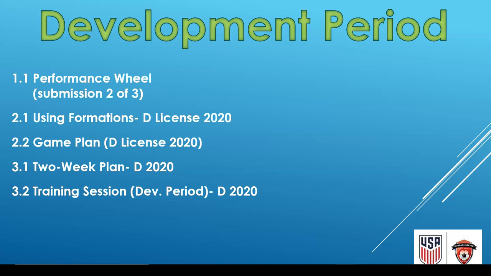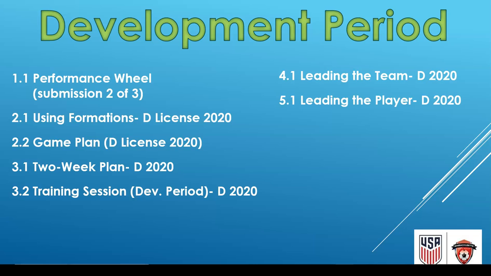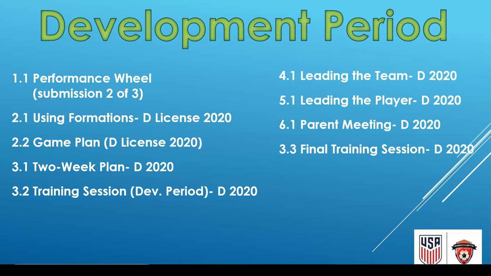Using the planning tool in the Learning Center to create a training session. Leading the team. Leading the player. Hosting a parent meeting. Creating a second training session, which will be used during meeting 2. And creating your personal development plan.